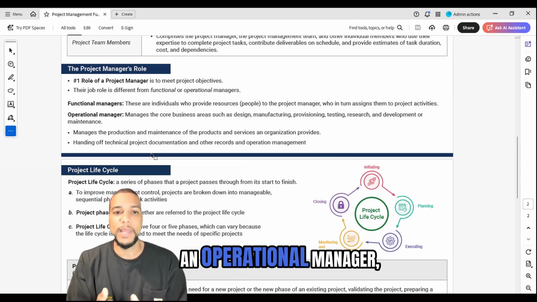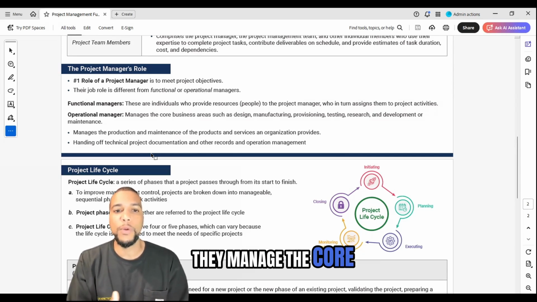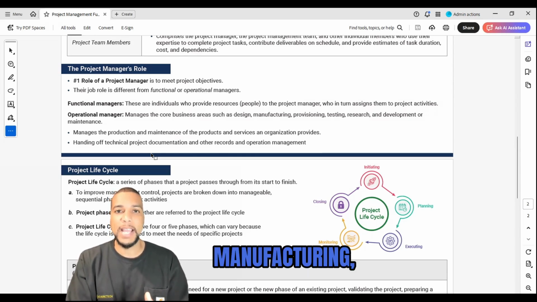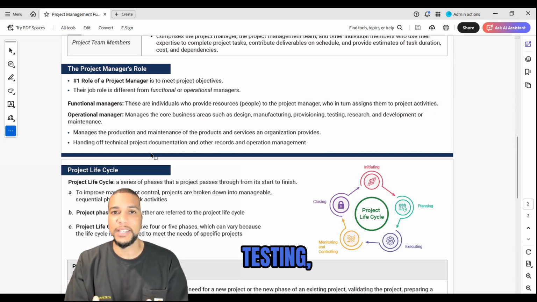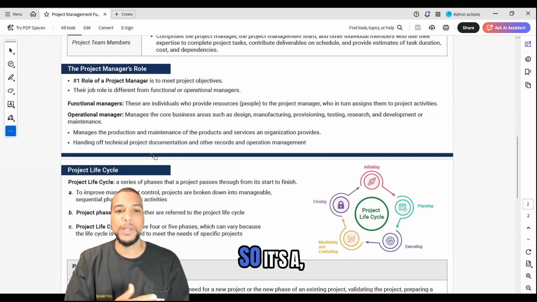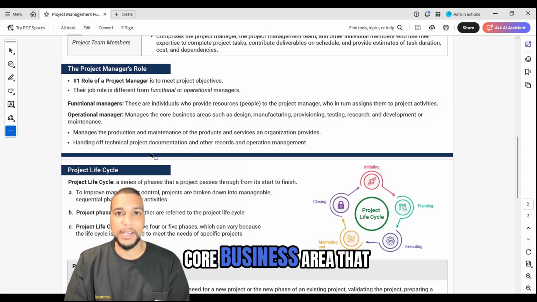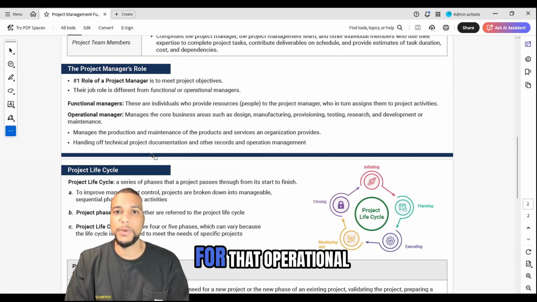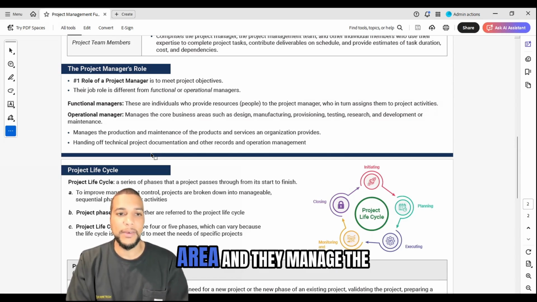An operational manager manages the core business areas such as design, manufacturing, provisioning, testing, research, development, or maintenance. So it's a core business area: research, design, testing. They're responsible for that operational area.